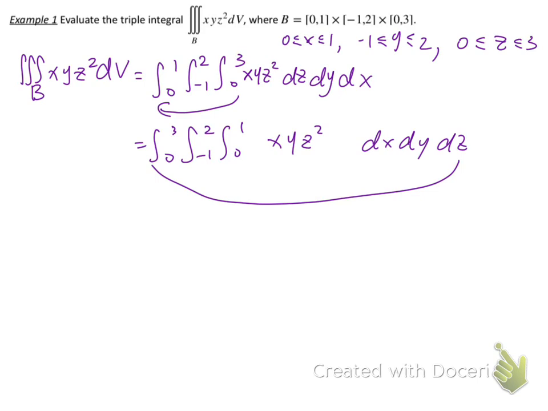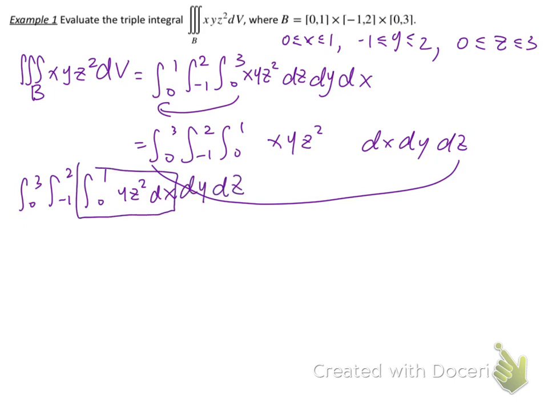If I do it little by little, I'll do the way I wrote already. I have 0 to 3, -1 to 2, 0 to 1, yz squared dx, then dy dz. Then I evaluate this part first.